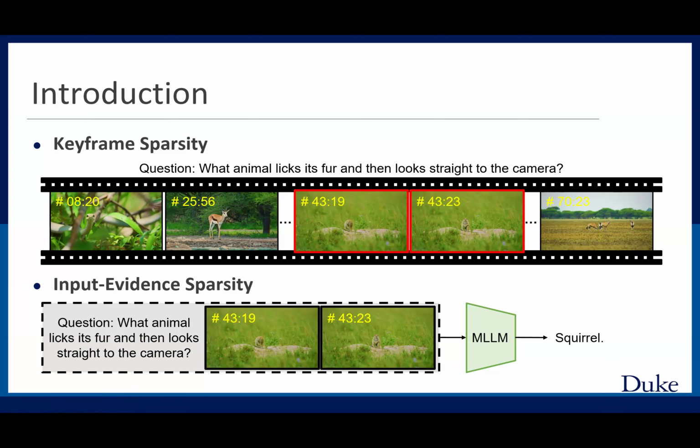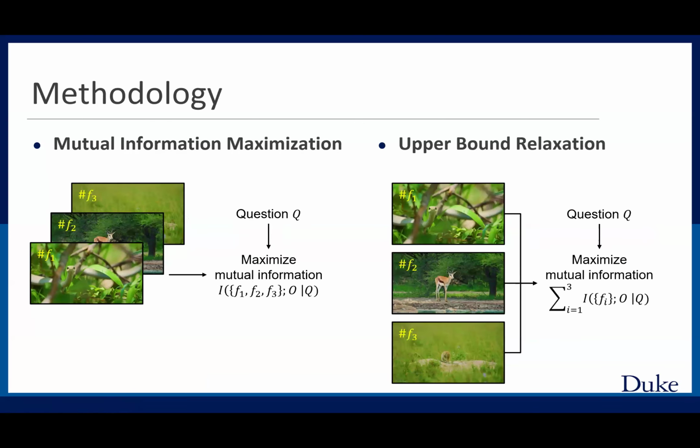Okay, so back to the methodology: how are we able to find those frames automatically? We formulate keyframe selection as a mutual information problem. Ideally, we select the frames that maximize the mutual information.